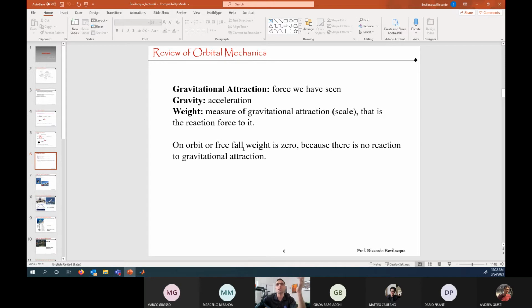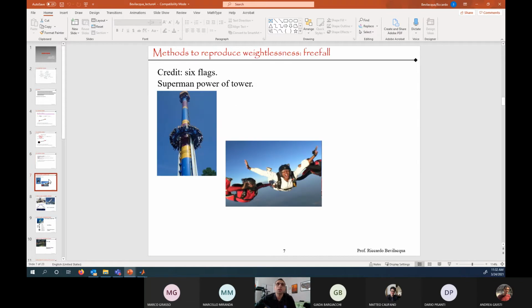What you have in space is no weight, because there is no reaction to the gravitational force. You're not pushing on a scale. You're constantly falling, but there is gravity, absolutely. Otherwise, you wouldn't be in orbit. If they kicked you out of, say, the ISS, you would go in a straight line forever. There's no orbit without gravity, so it's important to know.